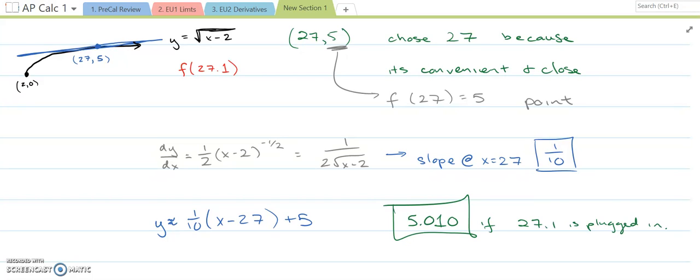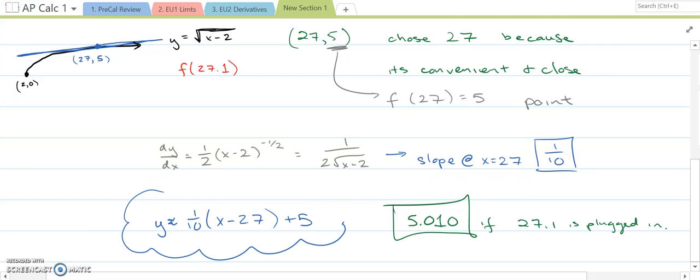So what I want to use this linear approximation function for is to estimate values that are really, really, really close, like 27.1, like 26.9. The farther away I get from 27, the less useful it will become.